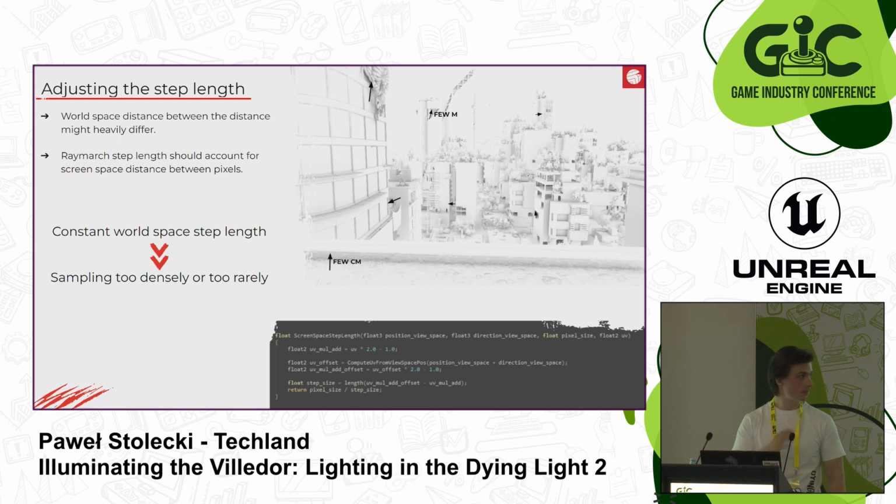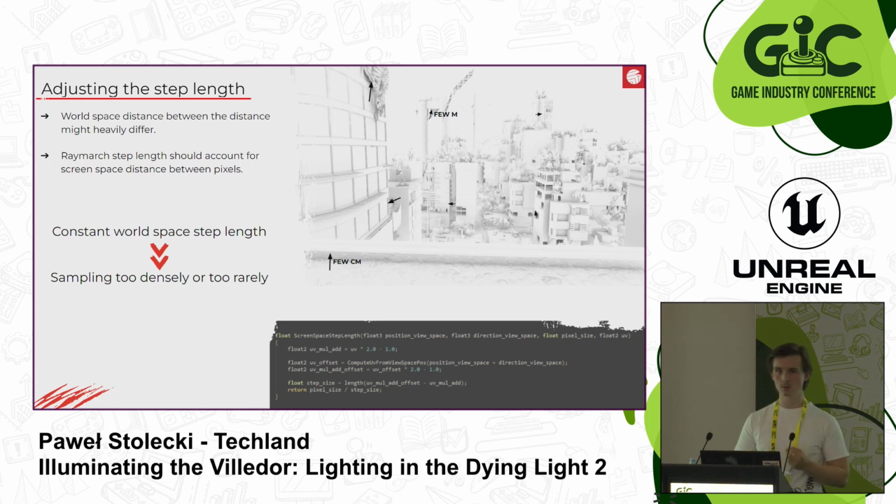Okay, the next thing that we need to take into consideration when performing a ray march is to use a proper ray step length. Throughout the screen, the world space distances between the pixels will not be constant. As you can see, the distance between a few pixels on the bottom of the provided screen is a few centimeters, but the same distance in pixels on the horizon is actually a few meters.